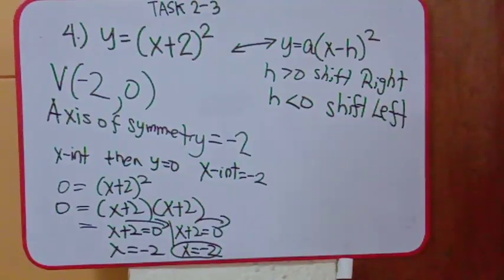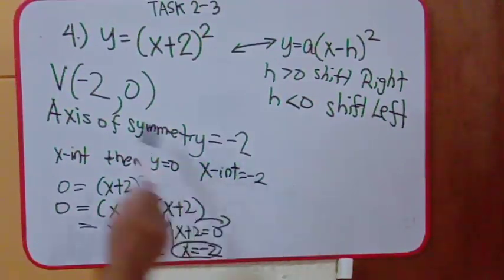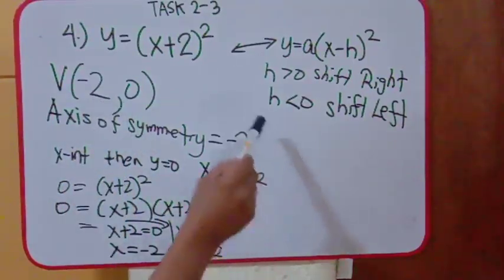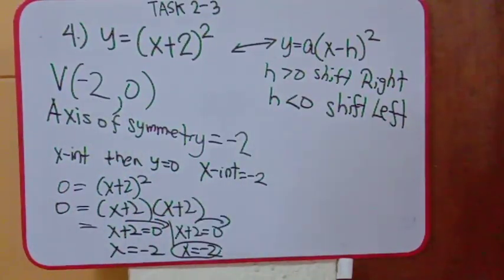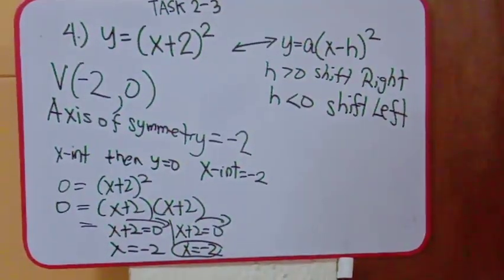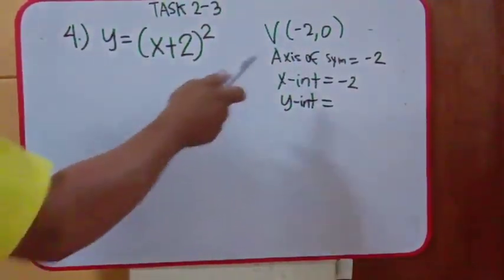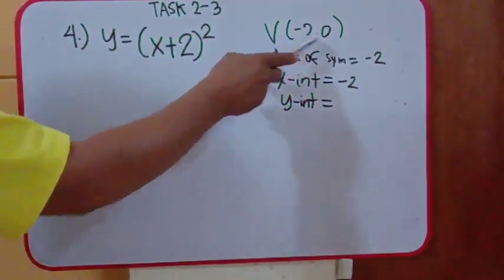Okay? So, ibig sabihin may x-intercept tayo kasi kung ang vertex natin ay negative 2 and 0, so meron tayong mag-i-intersect sa x-axis. Next, y-intercept. Okay. So, vertex natin is negative 2 and 0.